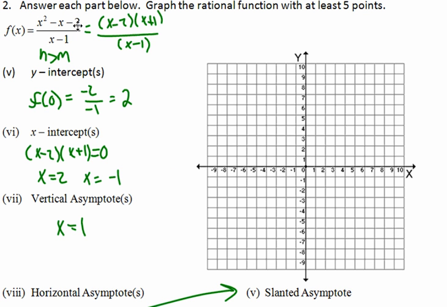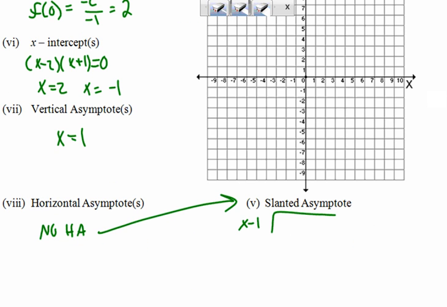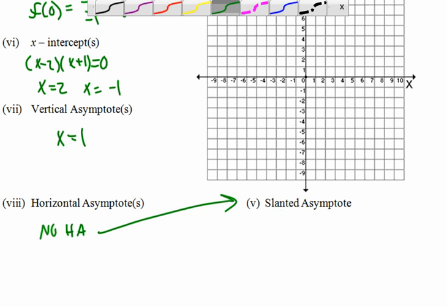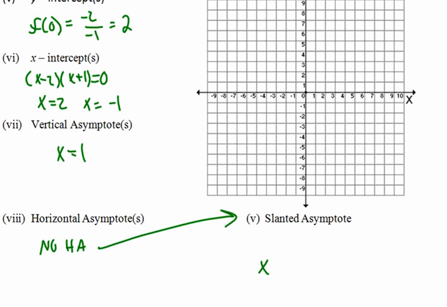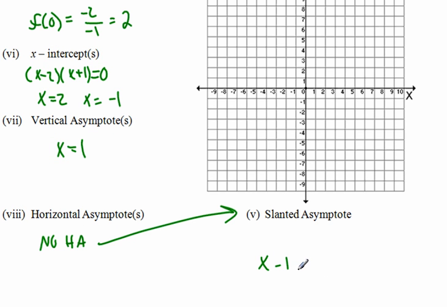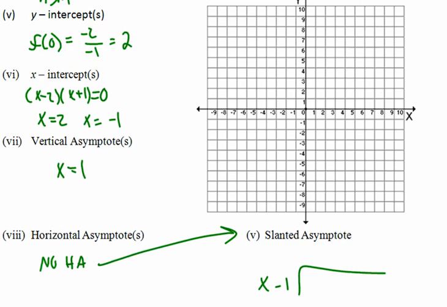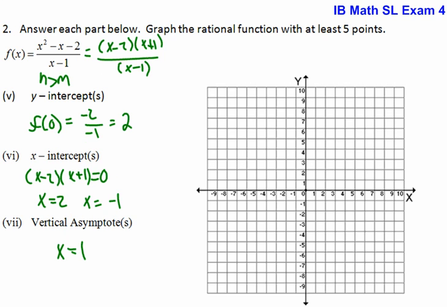The way that we do that is we're going to have to use long division. So we're going to divide x minus 1 into x squared minus x minus 2.